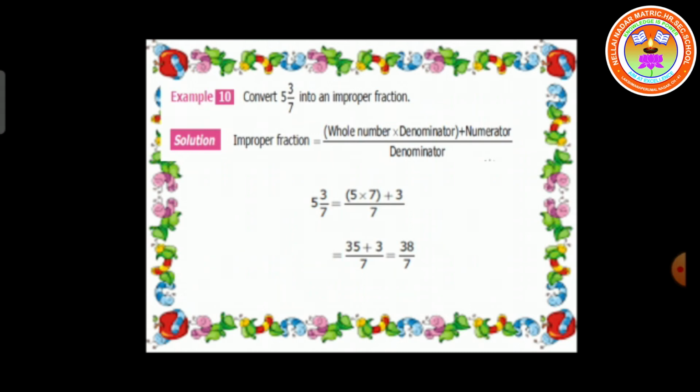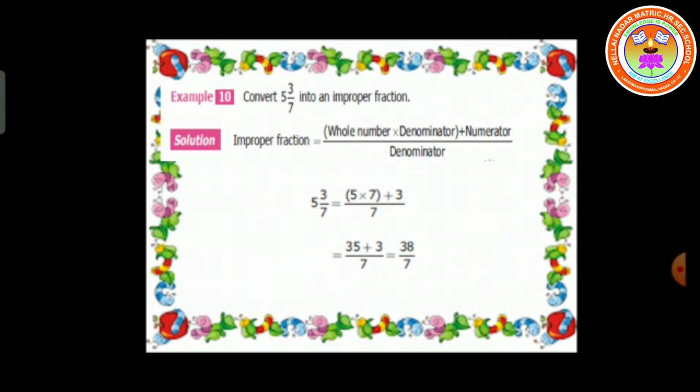We know 5 is the whole number, 3 is the numerator, 7 is the denominator. Take this formula: whole number into denominator, that is 5 into 7 plus numerator 3, then divided by 7. So 35 plus 3 by 7 is equal to 38 by 7. Now we get an improper fraction.